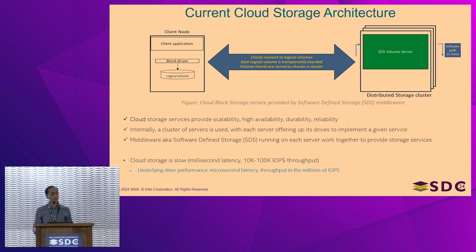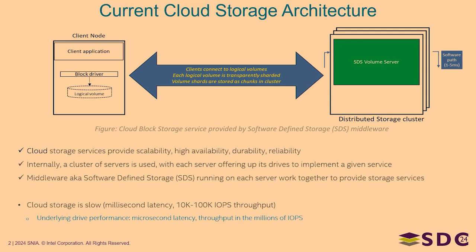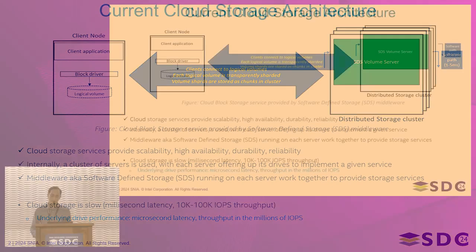And the service is implemented by this middleware software layer, also called a software-defined storage layer, which is running on each of these servers, and they collaborate with each other to provide the end-user visible storage service.